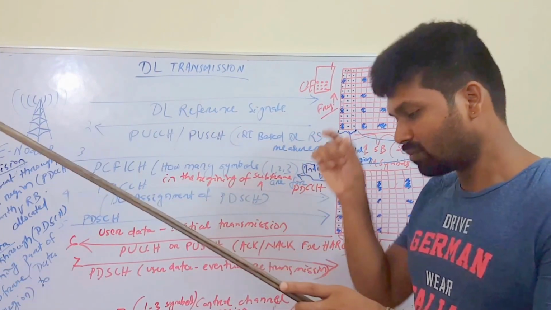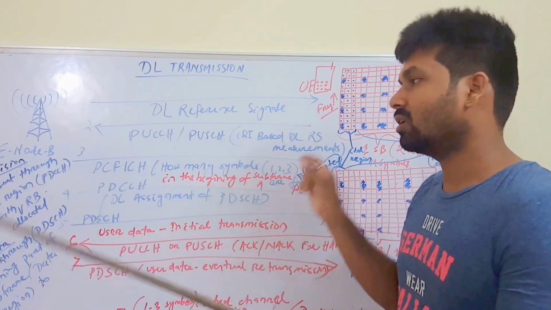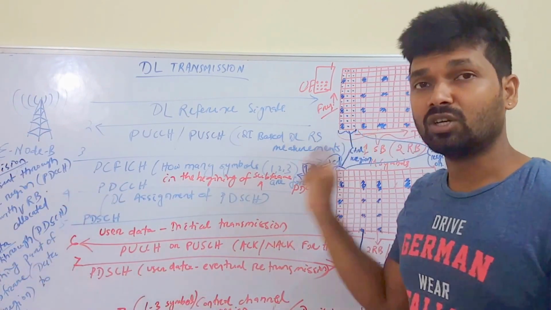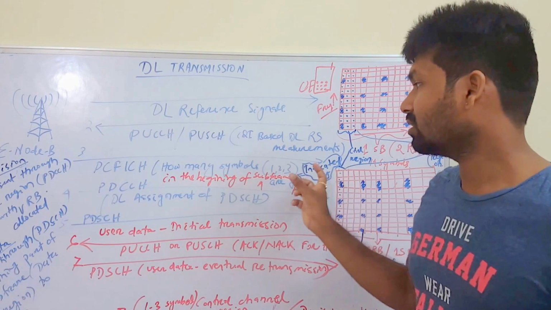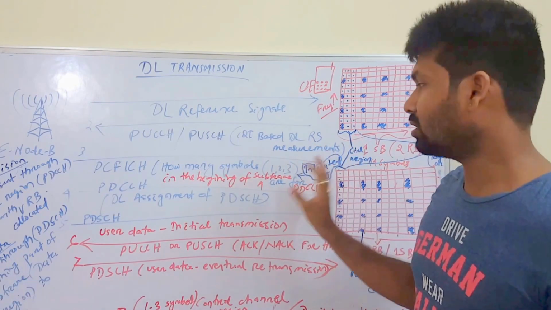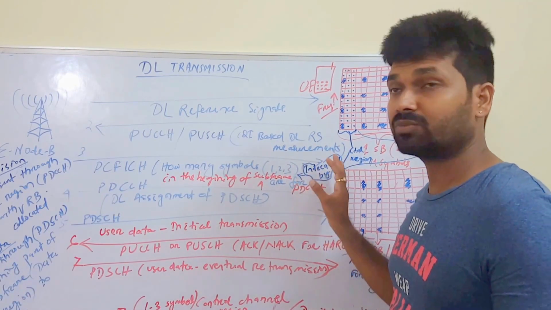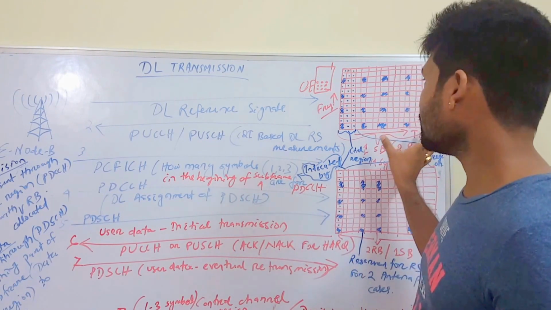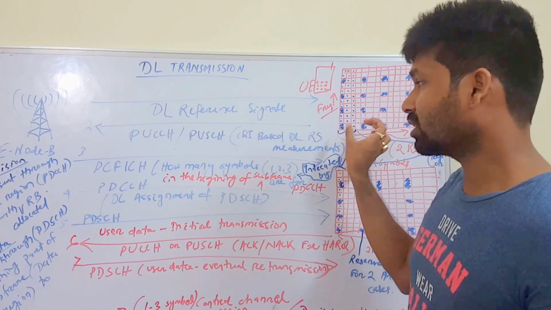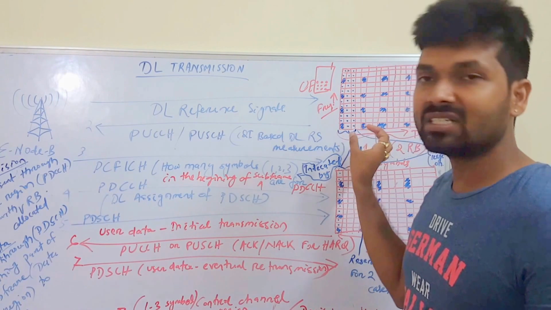In that subframe, how many symbols for transmitting the control and signaling and how many symbols for the data. It doesn't talk about the data or the rest of the symbols. It talks about the control part, or the PDCCH.